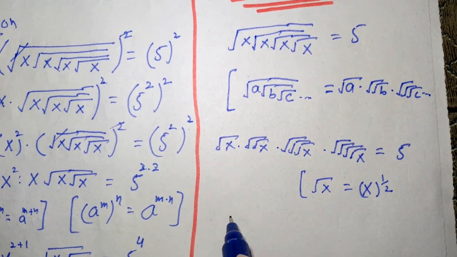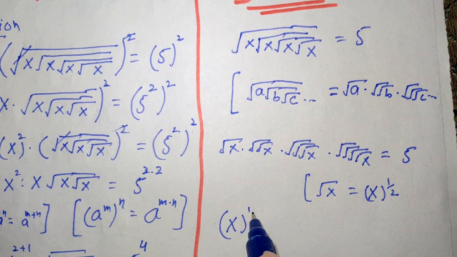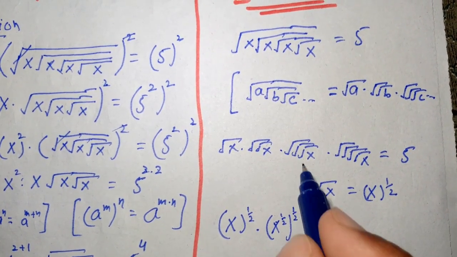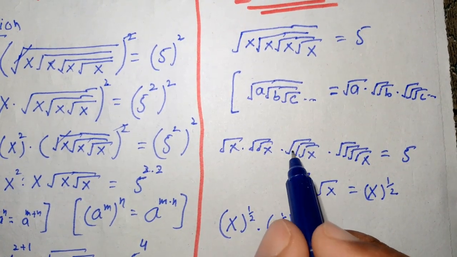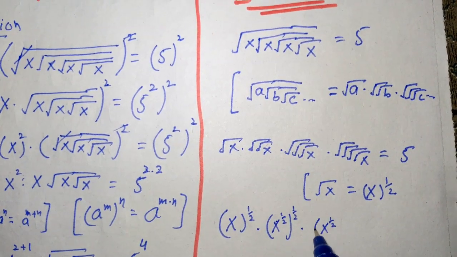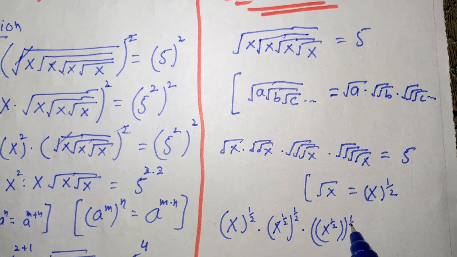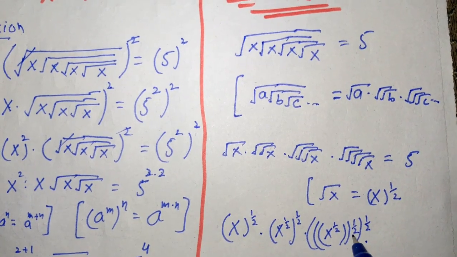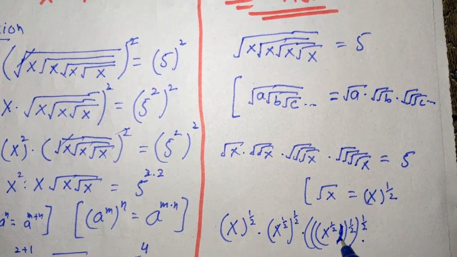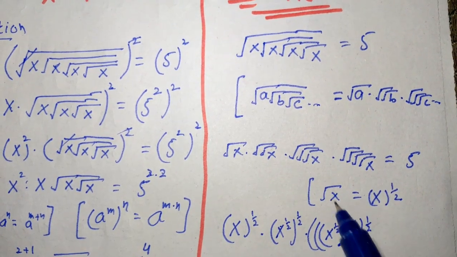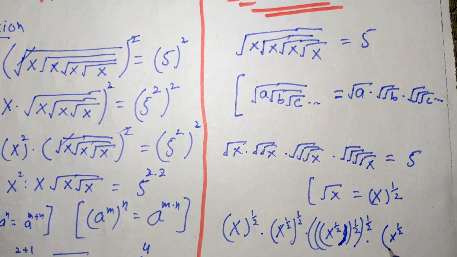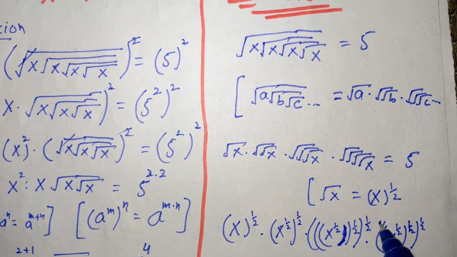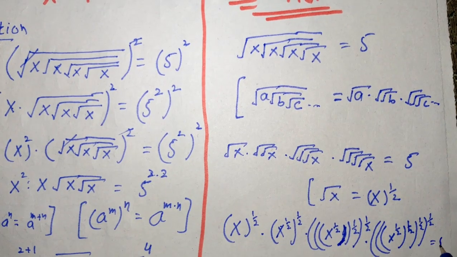So this will become x to the power of 1 over 2 times x to the power of 1 over 2 to the whole 1 over 2 times x to the power of 1 over 2 to the whole power of 1 over 2 to the power of 1 over 2 times here this will become x to the power of 1 over 2 times 1 over 2 times 1 over 2, and for the fourth square root there is 1 over 2, is equal to 5.